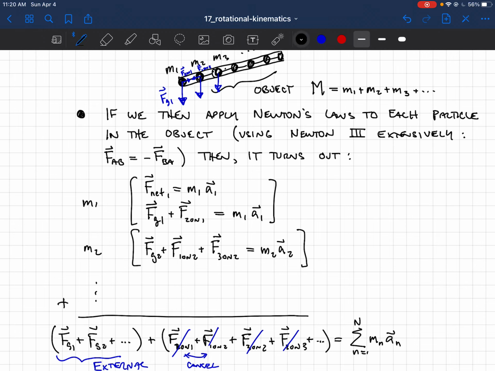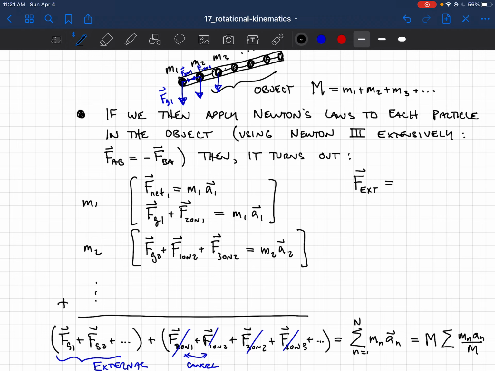So this whole sum could be written then as F external on the object is equal to, and then what can we do? Well, we could pull out m total from this thing here, and then we get mn an over m total. So I basically just multiplied by big M over big M here.